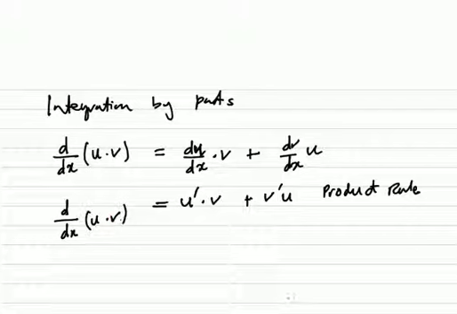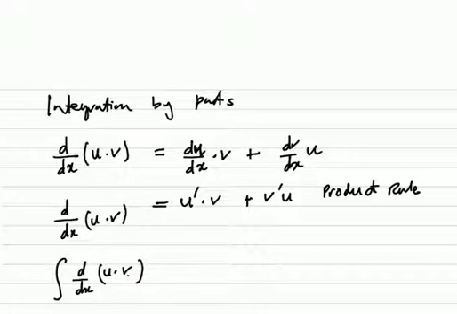So now, if I introduce an inverse here to d/dx of u times v, I'm just going to write it roughly. Then if I introduce it on both sides, I'll basically have this side u prime times v plus v prime by u.